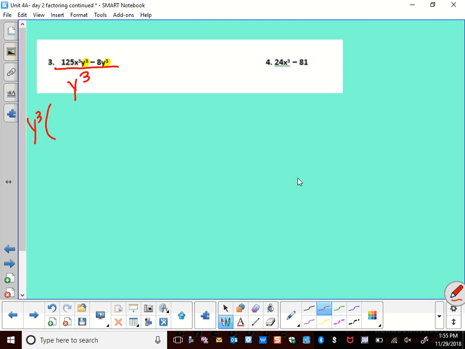So I'm left with 125x cubed minus 8 when I divide. Alright, I ask myself, do I stop here or do I keep going? I keep going because I can use SOAP here.